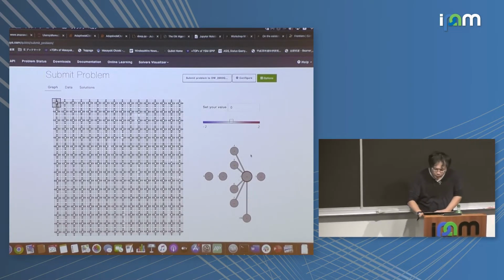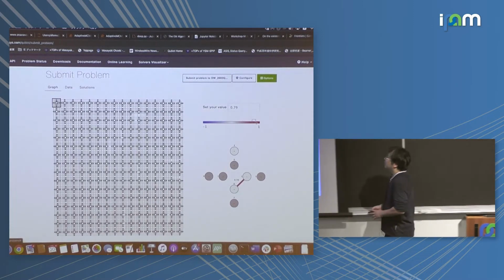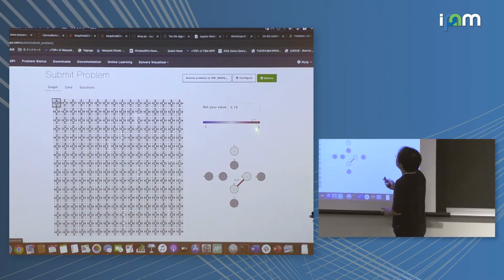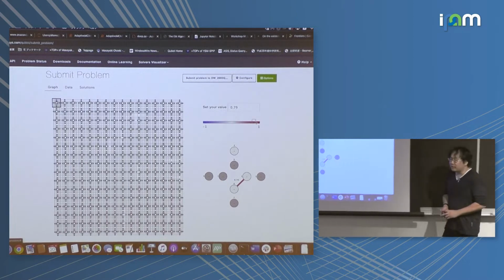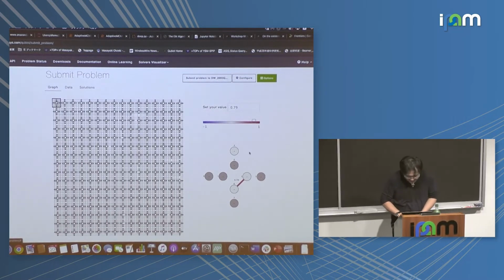Then you can change the strengths of the interactions between the spin variables. The +1 denotes antiferromagnetic interactions, and -1 denotes ferromagnetic interactions. And you can set some bias, a local magnetic field, like this.